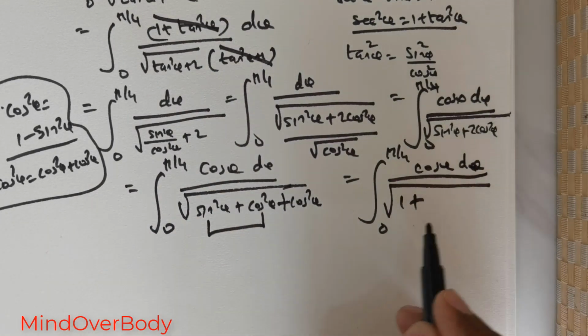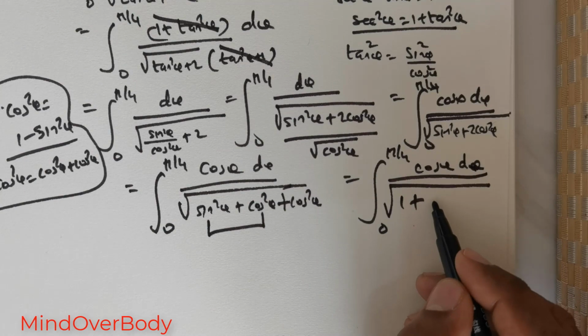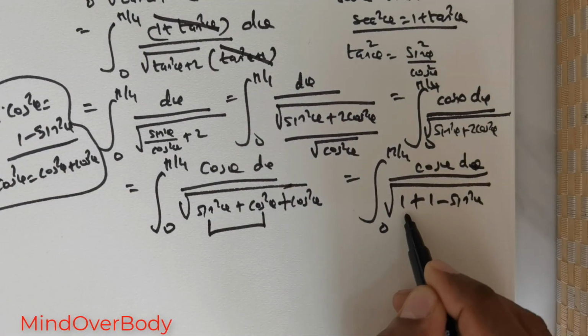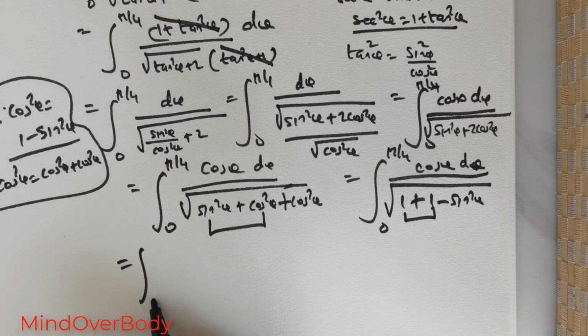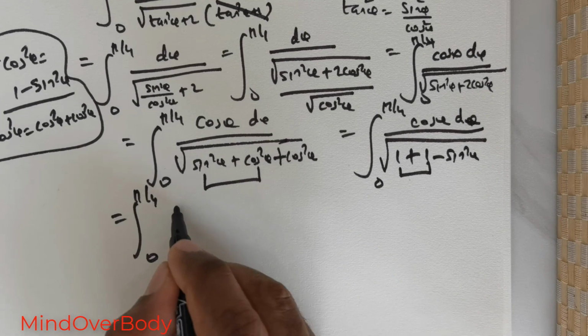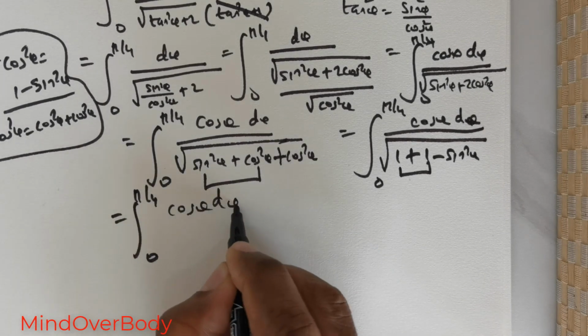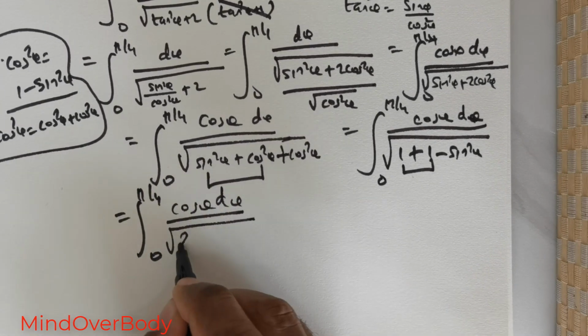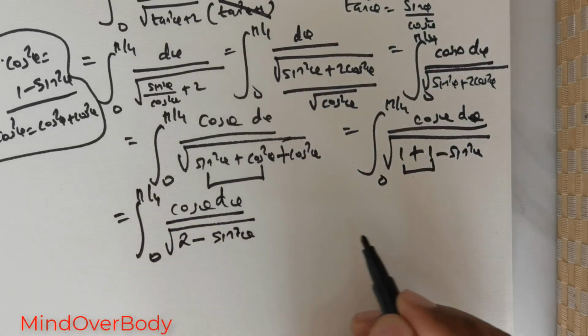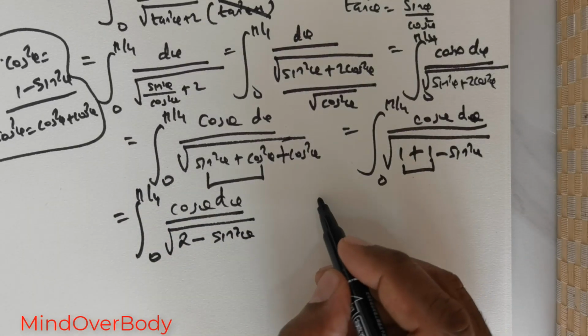So I got a 1 there, and there is a cos squared there. I'm going to write cos squared as 1 minus sin squared, and now you got 1 added with 1. So that's 0 to pi over 4, and you got cos theta d theta divided by root of 2 minus sin square theta.